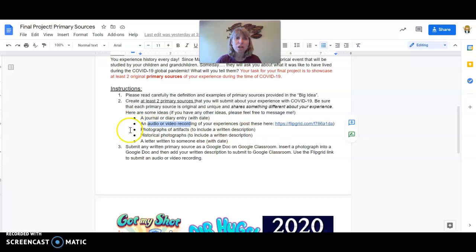You could take a photograph of an artifact, something that you have that you would want to share with someone later in life about what it's like. Then you'll include a little description about what it is and how it relates to COVID-19. You could use a historical photograph, in other words, a photograph taken by someone else that shows a part of the history with your own description of what it is and how you would remember that time period.